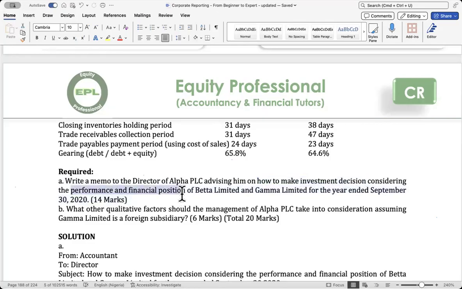considering performance and position of Beta. So how do you want to approach a question like this? So I will leave that. Part B talks about what other qualitative factors should the management of Alpha be considering, assuming Gamma is a foreign subsidiary, which is also another 6 marks.